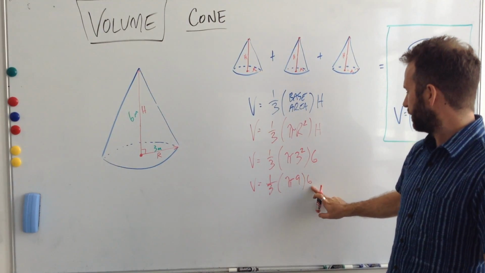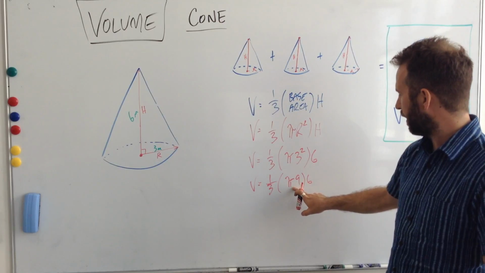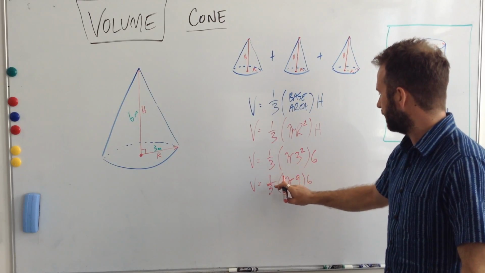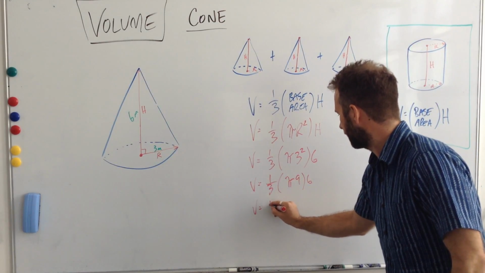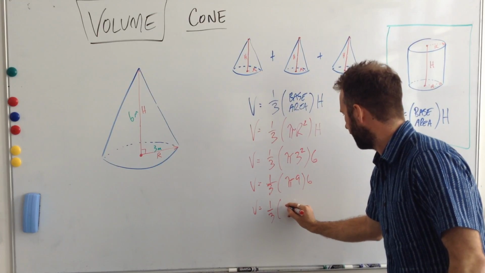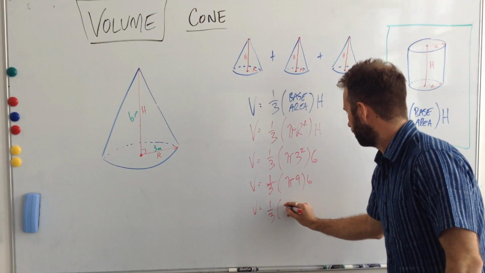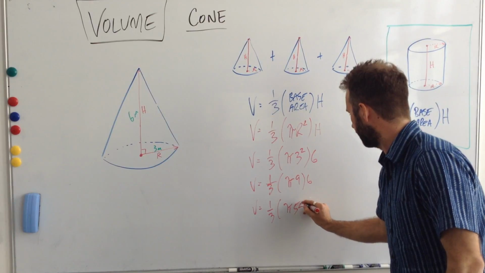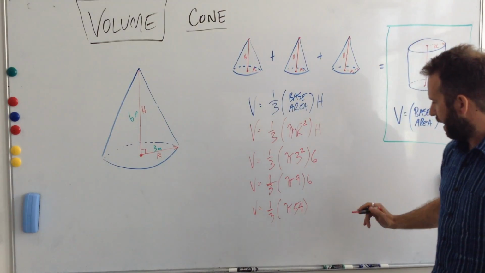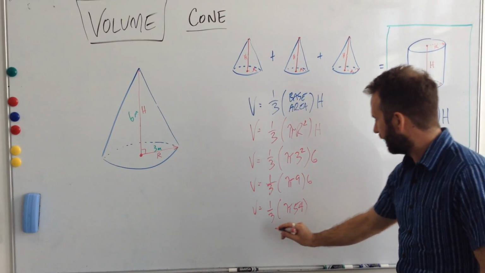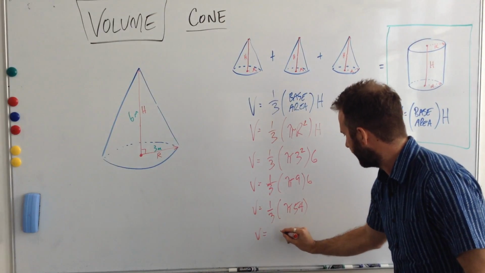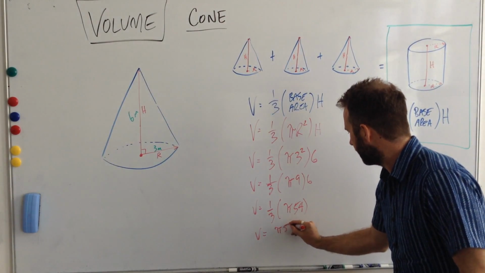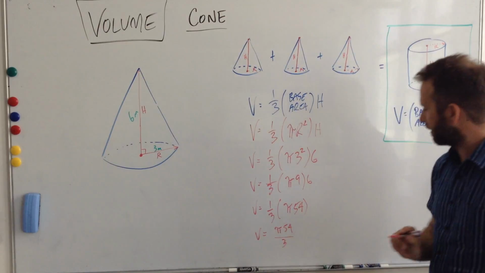I can say 9 times 6, so that's 54 times pi. So I've got 1/3 multiplied by pi times 54. Now, I can simplify this further by looking at it as pi times 54 all divided by 3.